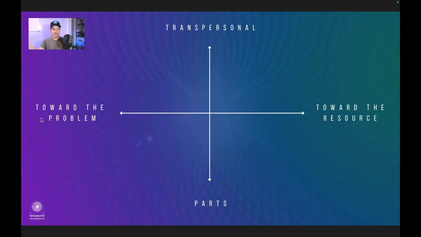Towards the issue. And this is where we get rumination, really focusing on what's wrong, really noticing everything that is problematic, triggers, upsets, processing, this kind of thing. That's all here in the gravity towards the problem, or the attention towards the problem, if you want to think of it that way.